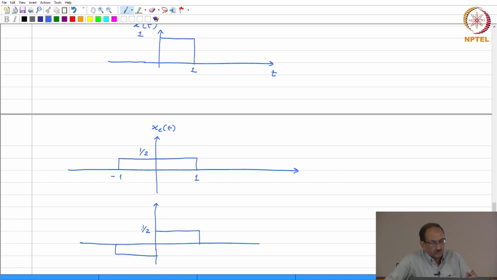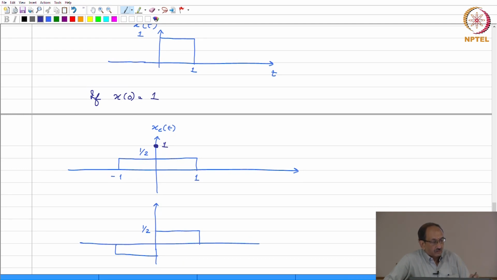Yes, at t equal to 0, it depends on how the signal is defined. If x of 0 is 1, then for that particular point the even part at 0 will be 1, because x of 0 plus x of minus 0 by 2 will give you a value of 1.